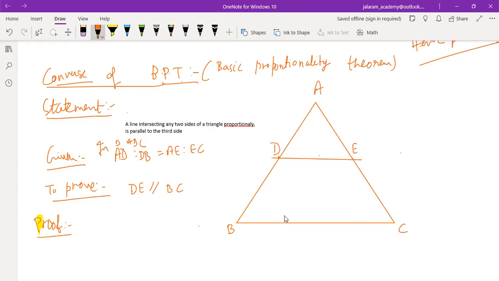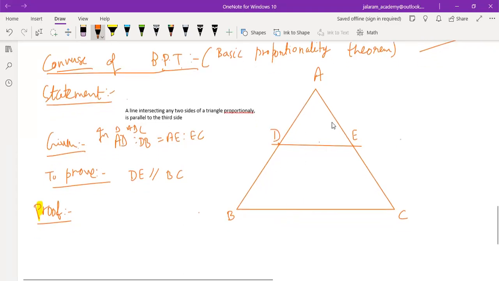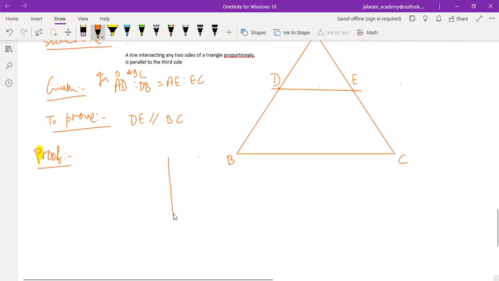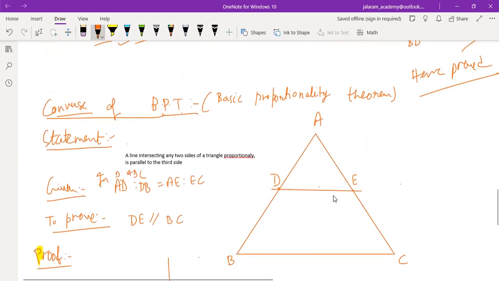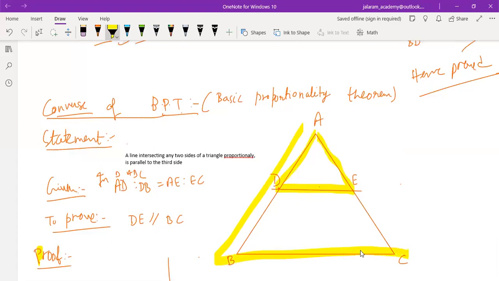AD upon DB equals AE upon EC is given. Now we have studied one more criterion of similarity, which is SAS. It means if two sides are proportional and the angle between them is equal, then the two triangles are similar. And if we prove that triangle ADE is similar to triangle ABC, then corresponding angles of similar triangles are equal.